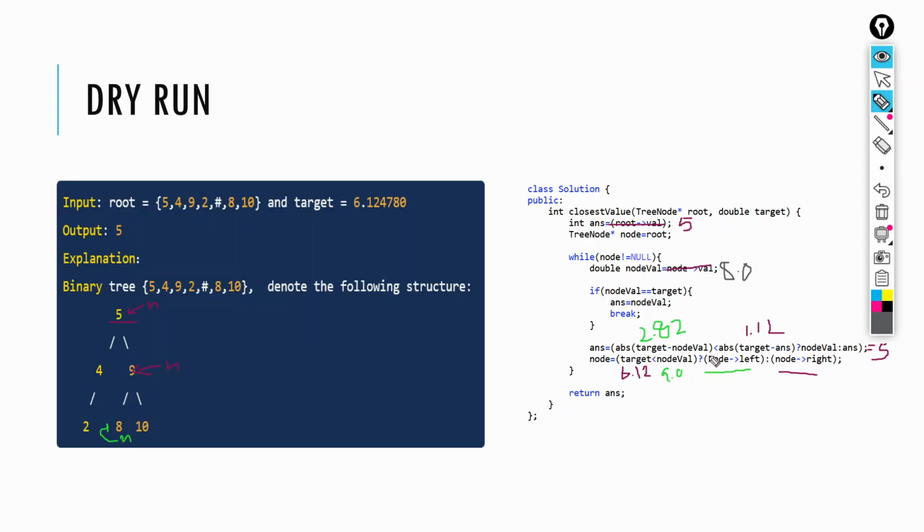Absolute of target minus node value, that is 8 minus 6.12, is equal to 1.88, which is still greater than 1.12, so answer won't be updated. Target is less than the node value, so our search space will move to the left. Now node will point to a null value. Since node is equal to null, we won't enter here and return the answer value, which was 5. So the output is 5.